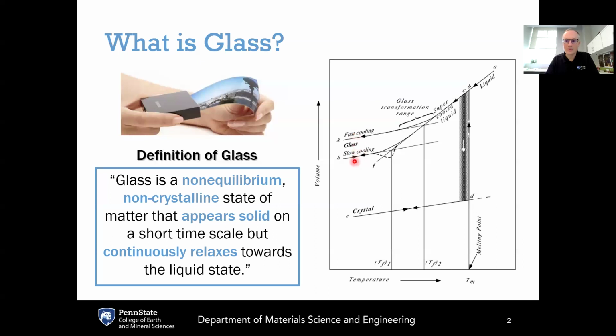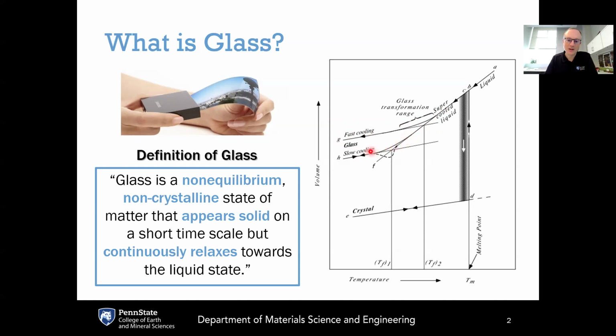So one of the other byproducts of glass being in a non-equilibrium state is that this thermal history matters. You'll see the fast cooled system undergoes the glass transition at a higher temperature and therefore ends up with a higher molar volume compared to the slow cooled system, which is able to stay in its metastable equilibrium down to a lower temperature regime.